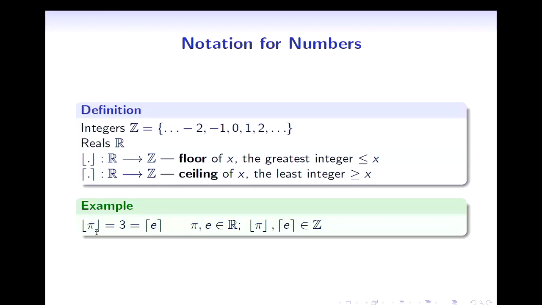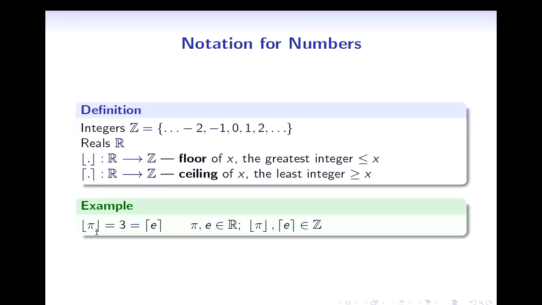The floor of the most famous mathematical constant, pi, is 3. If you know what pi is, it's 3.14, and so on and so forth. So it's a real number, and what's the nearest integer that is smaller or equal to x? It is obviously 3.